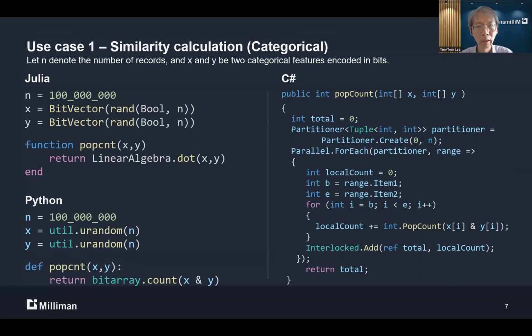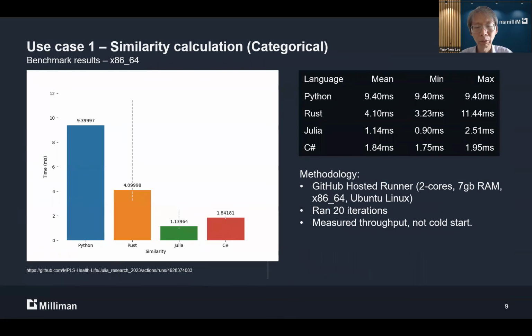Okay, so I'll present some of the code from the first use case. In Julia and Python, we can see that it's fairly easy as compared to other languages to implement similarity calculation. But in other languages like C# or Rust, it would take a lot of time to develop similar applications.